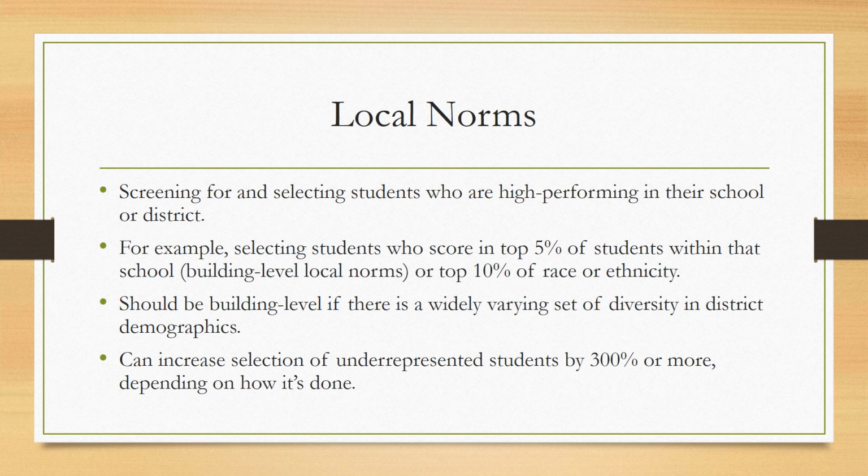Local norms focus on how did our students in our local school or our local district perform, and can we take the top students of those students and put them in a gifted program. For example, selecting students who score in the top 5% of students within that school, that would be using building level, that's what we mean by building, it's the school, or the top 10% of race or ethnicity.